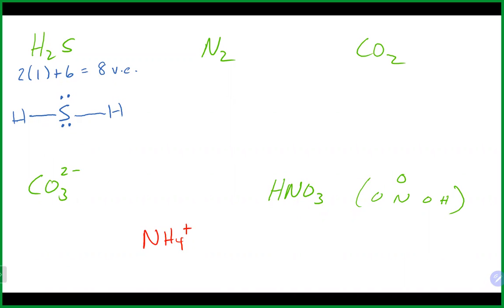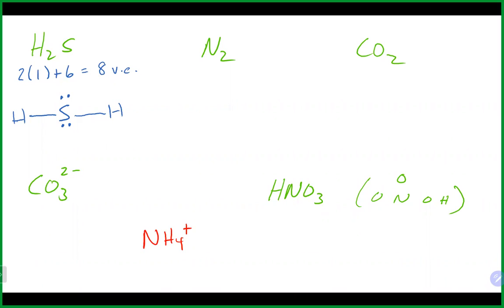Each hydrogen obviously has 2, which is the most it should have. And the guy in the center there, which is the sulfur, has 8 electrons. Again, it doesn't matter if they're lines or dots, we're counting the total number of electrons. So it's got 2, 4, 6, 8, 4 for the lines and 4 for the dots. Any questions on that one there?